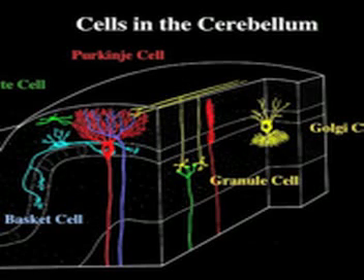So if we look at the cells, you can see that the Purkinje cells, these red cells here, have their cell bodies in the Purkinje cell layer.